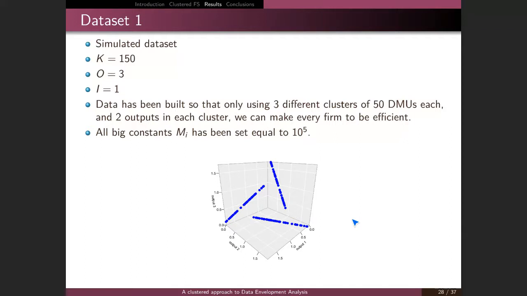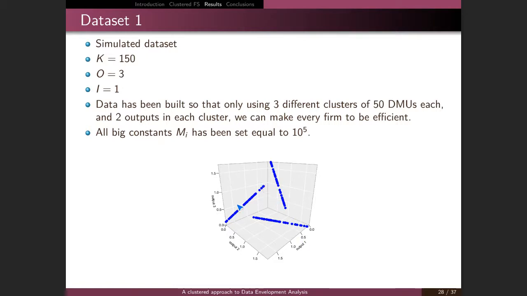Also, as you can see in the picture, the data has been built using 3 different clusters. Maybe you can see in these different lines the 3 different clusters of 50 DMUs each, and 2 outputs in each cluster. Let's say in this picture, we only use output 2 and output 3.